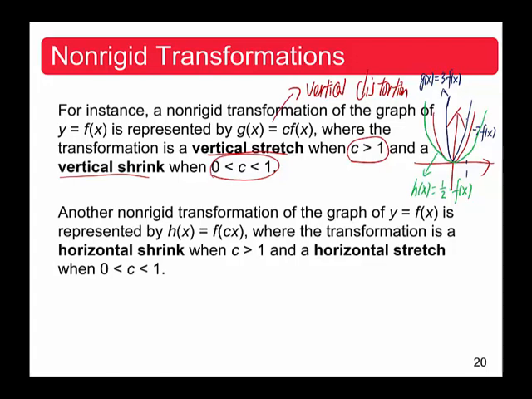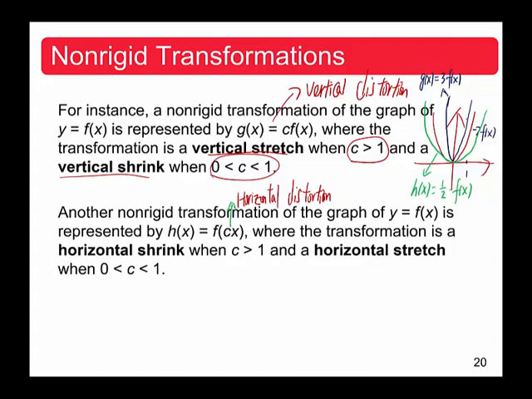Now, if you multiply c to the x, we're going to create a horizontal distortion. f of c times x.